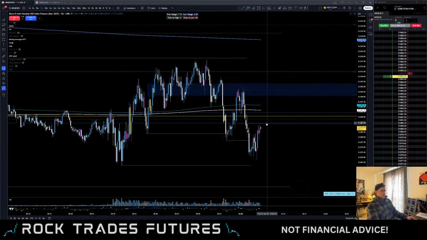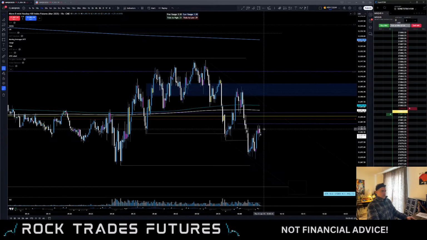So value area low is right around this level. Inside down close bar, fairly close. Interesting. Stall there. Yeah, that was interesting.